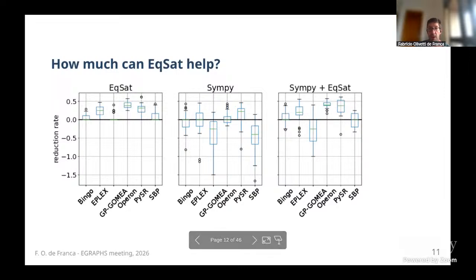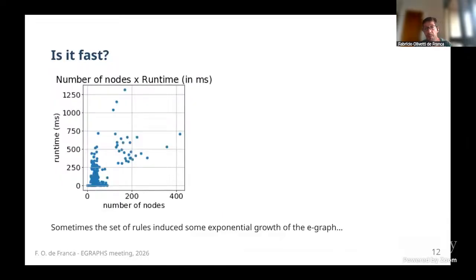But most of the time we actually found the optimal number of parameters using equality saturation. The problem was how fast it is to apply equality saturation in this setting. Most of the time it was quite fast.